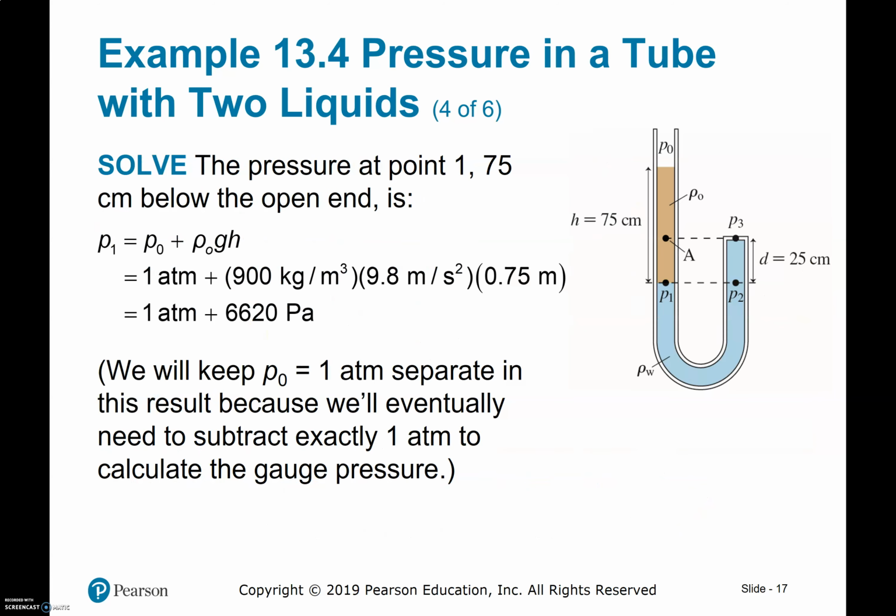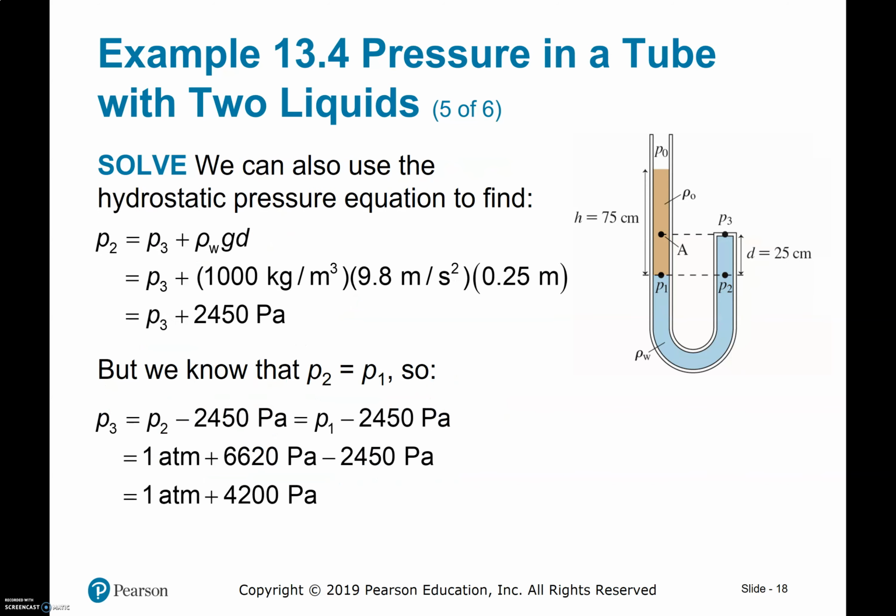Then we can find P1. P1, the pressure here, is equal to, well, you use a hydrostatic equation applied to oil, rho_o times g times h. So that is P1, 1 atm plus 6620. Notice this is your gauge pressure, and this whole thing is your absolute pressure. Okay, so now I have the pressure here, which is P2.